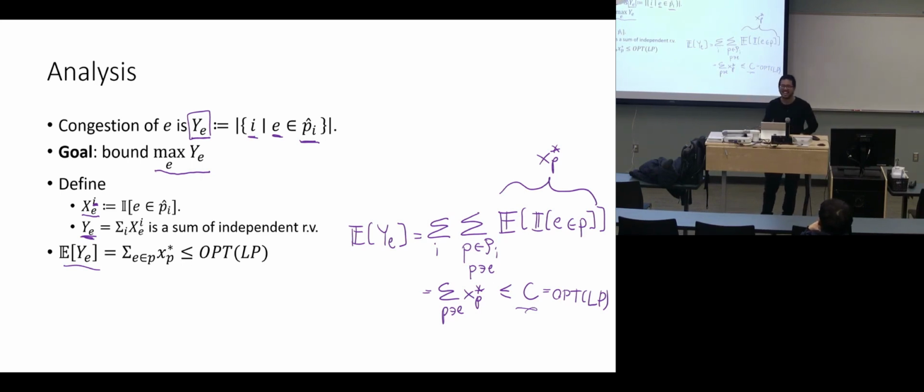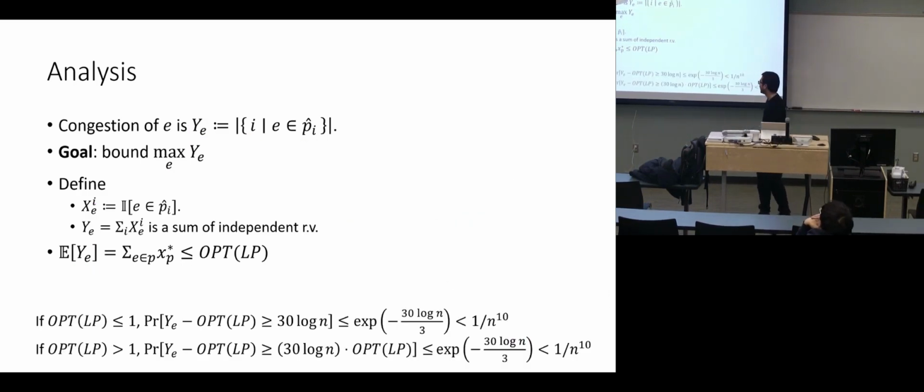That's the rule of thumb. You can do the math and apply Chernoff: Y being more than the expectation by a log n factor can happen only with very small probability.